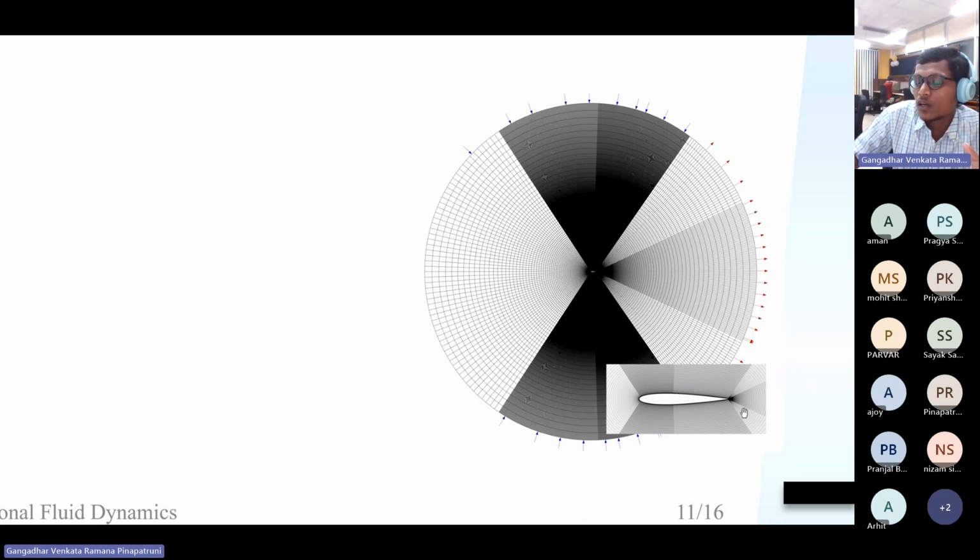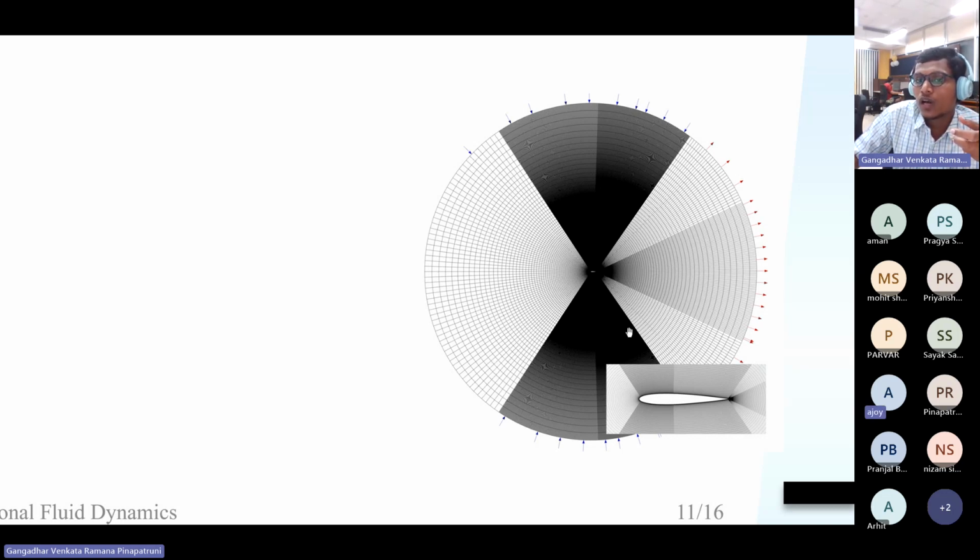So this is my ellipse, and I want to simulate the flow over it. In aerodynamics terminology, we call this an aerofoil. I want to simulate the flow over this aerofoil.